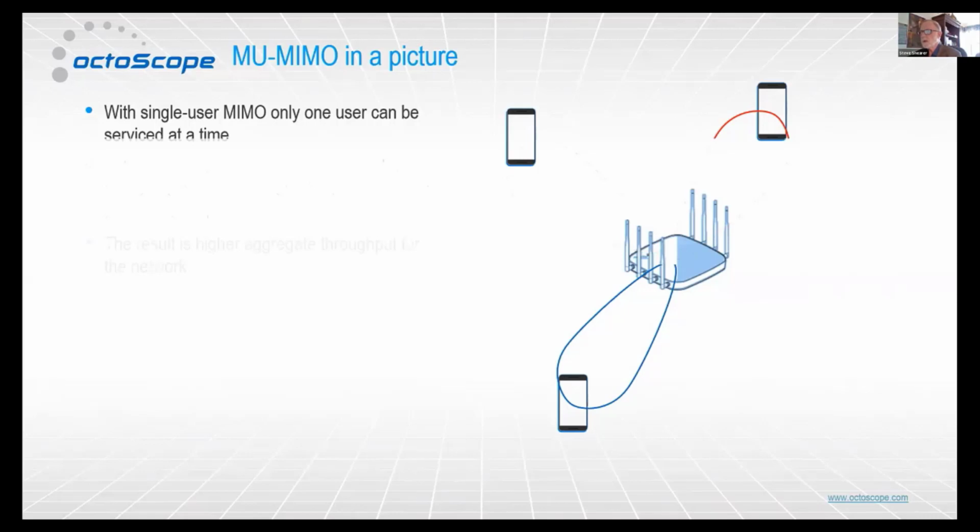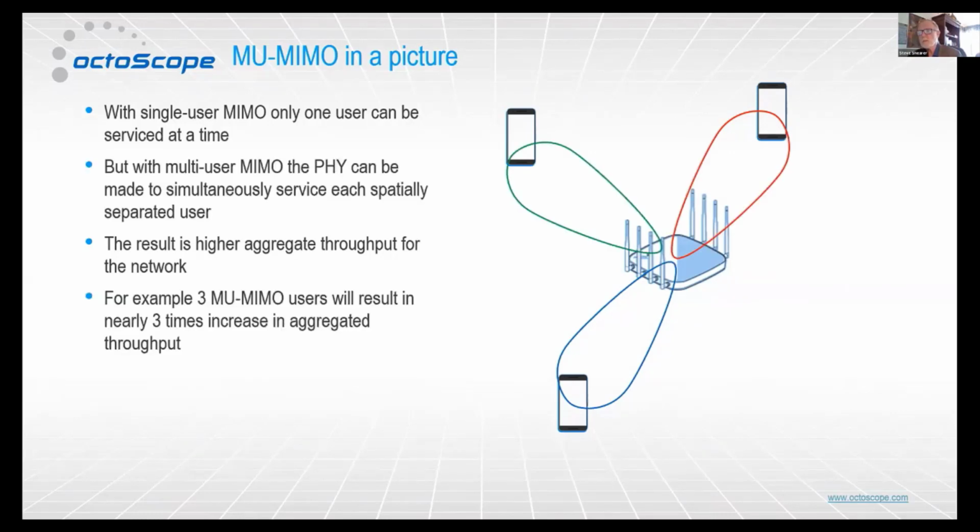So this gives us a much higher aggregate throughput for the network. Just as an example, if we had 3 MU-MIMO users, we'll get nearly 3 times the aggregated throughput. So a very effective feature of Wi-Fi 6.